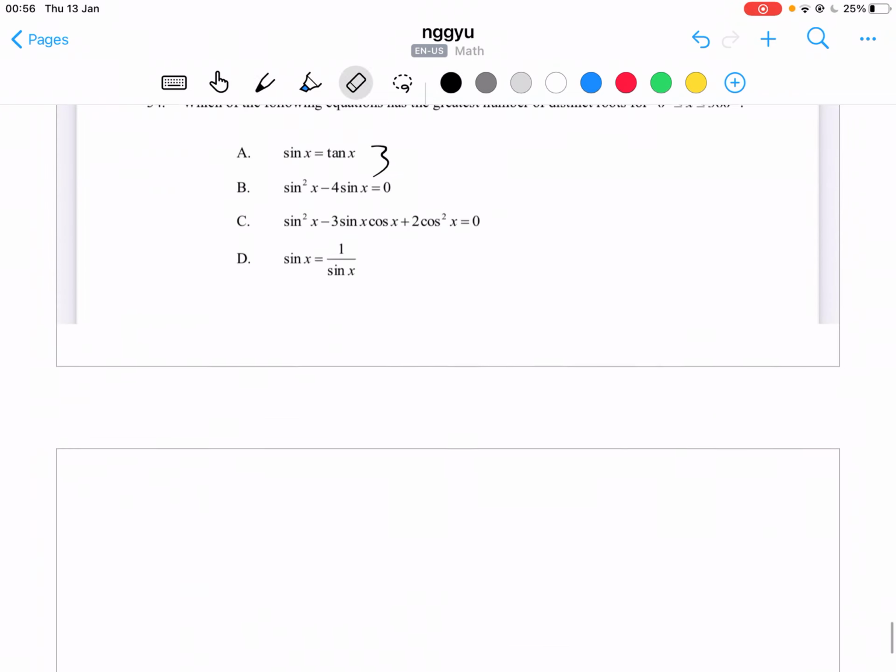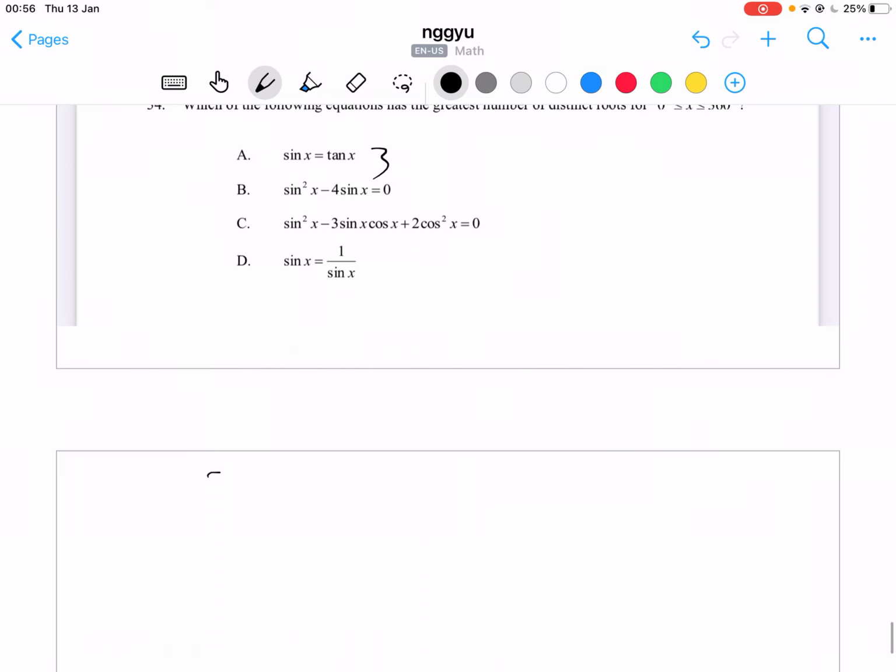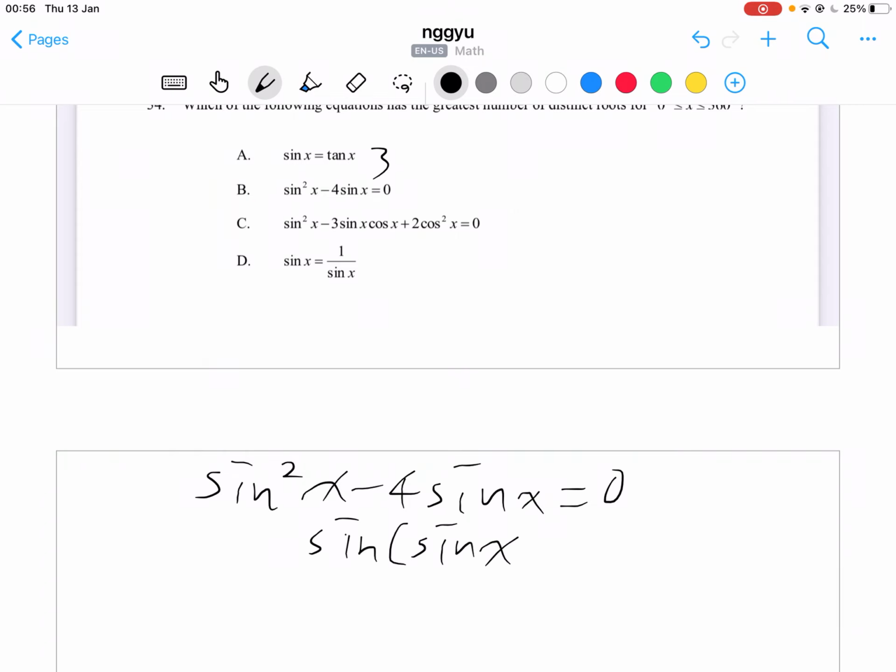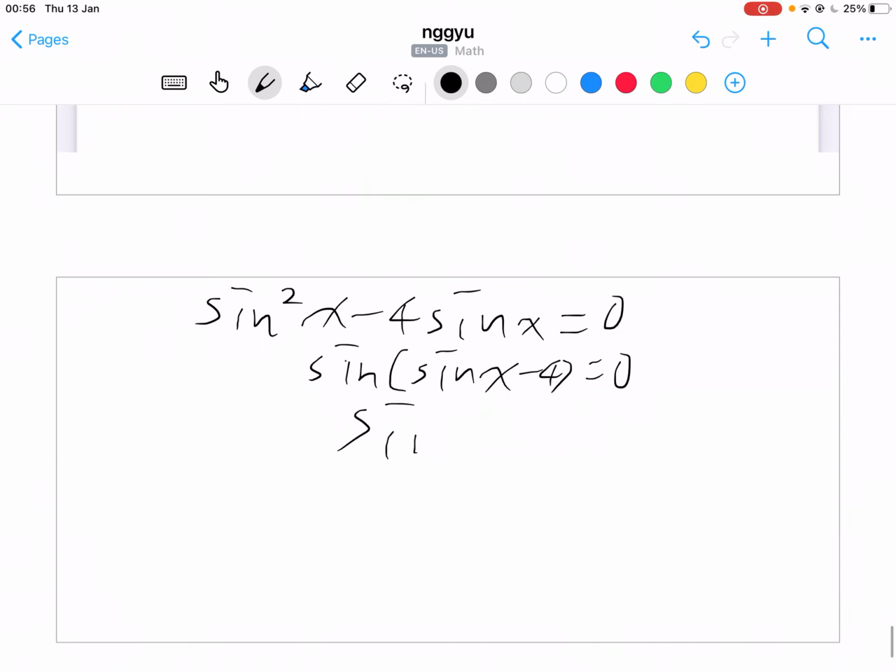Okay, and then for option B, sine squared x minus 4 sine x equals 0. Sine x times sine x minus 4 is equal to 0. So sine x equals 0 or sine x equals 4.